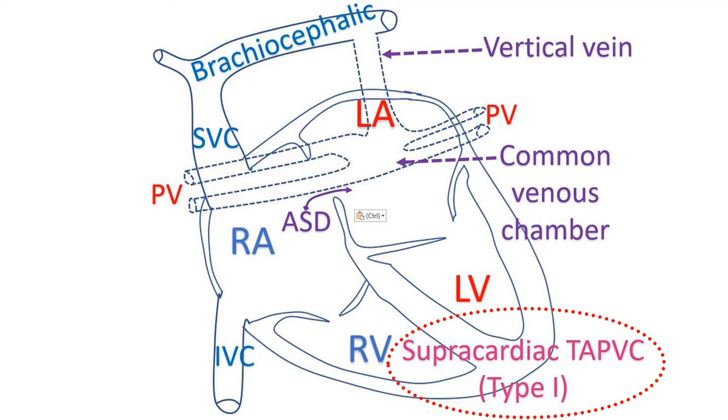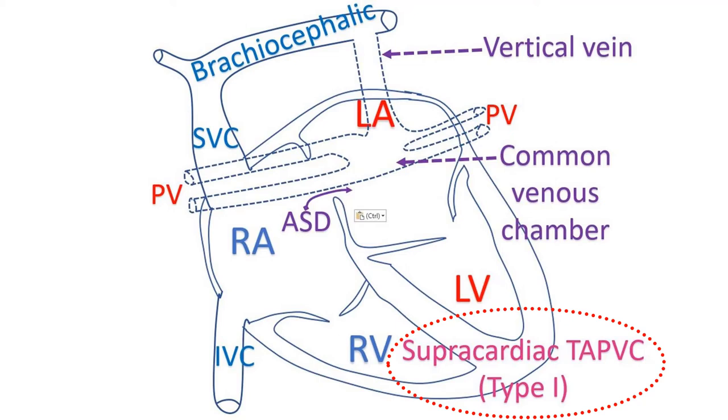There are basically four types of TAPVC. Most common variety is supracardiac, meaning above the heart. In supracardiac TAPVC, four pulmonary veins from the two lungs join together and drain upwards in a vertical vein.